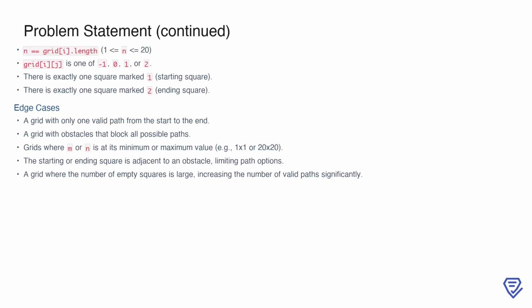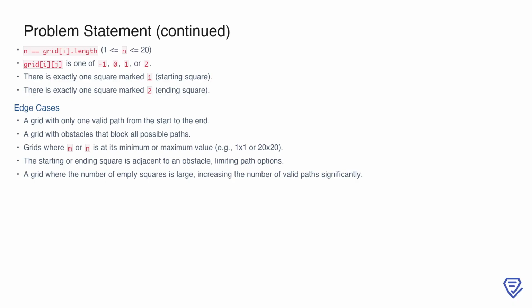Finally, let's consider the constraints and edge cases that might arise in this problem. The grid size is limited to dimensions ranging from 1x1 to 20x20, and each cell in the grid can only contain one of four possible values: -1, 0, 1, or 2. Importantly, there will always be exactly one starting square and one ending square in the grid.